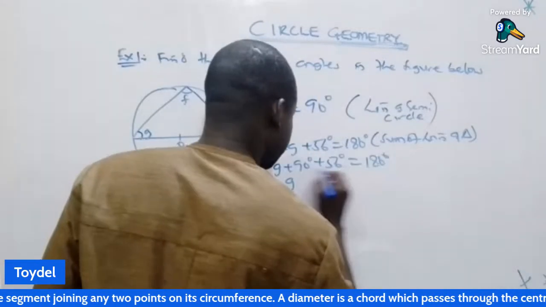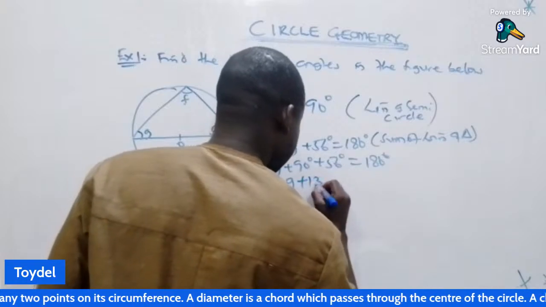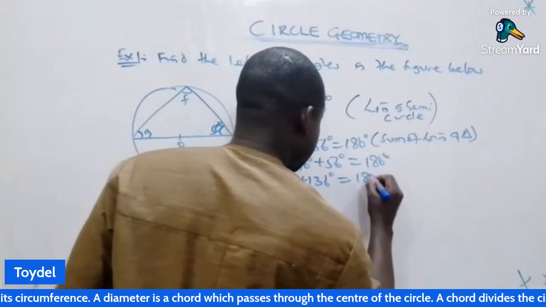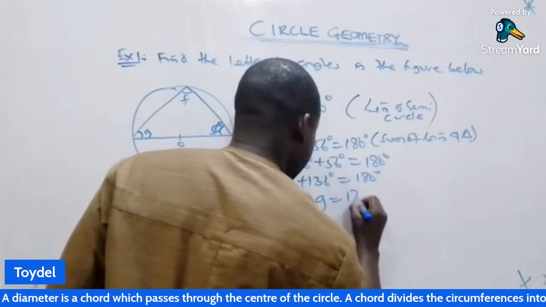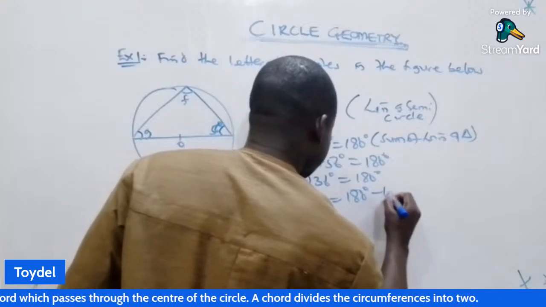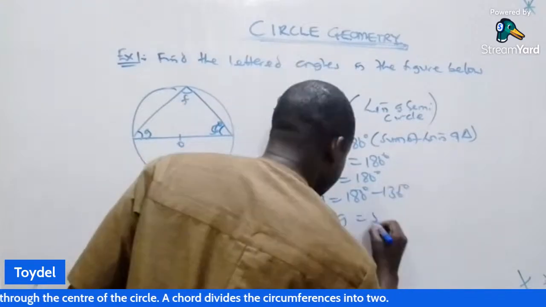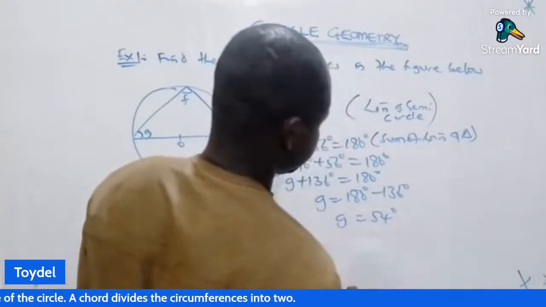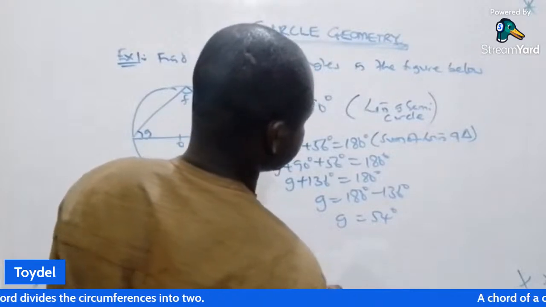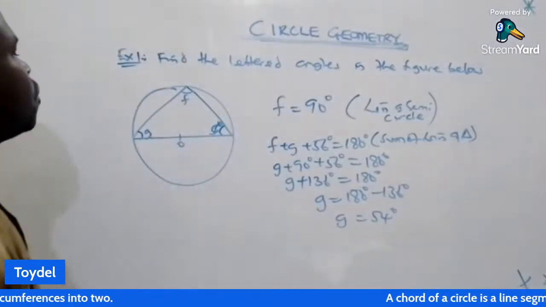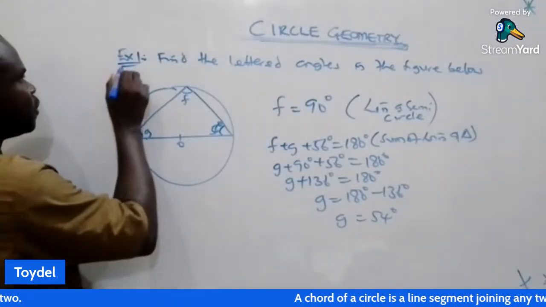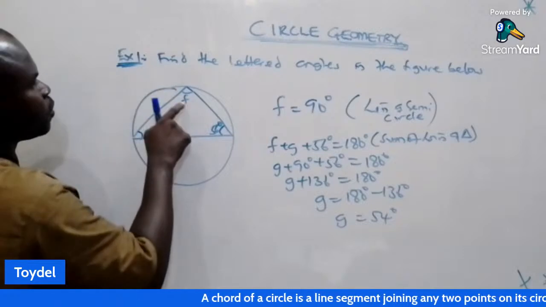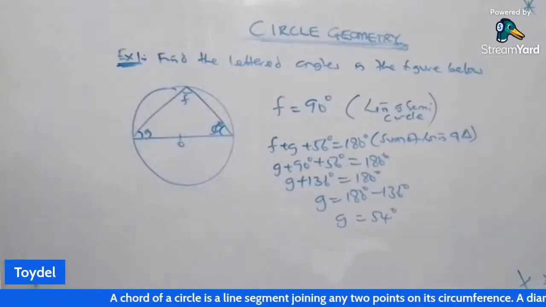Then G plus 146 degrees is equal to 180. Finally, G is equal to 180 minus 146 degrees. Then G is equal to 54 degrees. So with our knowledge of theorem 4, we were able to know that F is 90 degrees without any calculation.